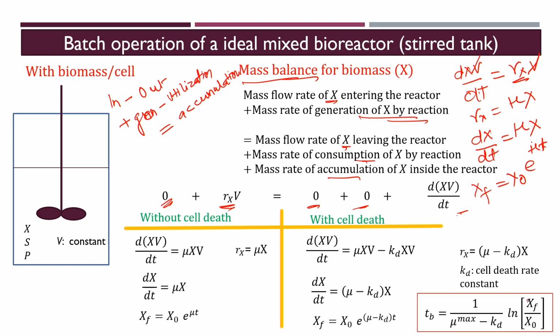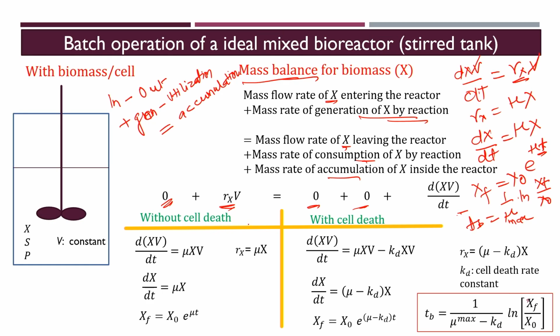So, from here we can derive the batch time Tb. Tb will be equal to 1 upon mu ln xf upon x naught, and many times when we calculate this batch time, we say mu equals mu max.